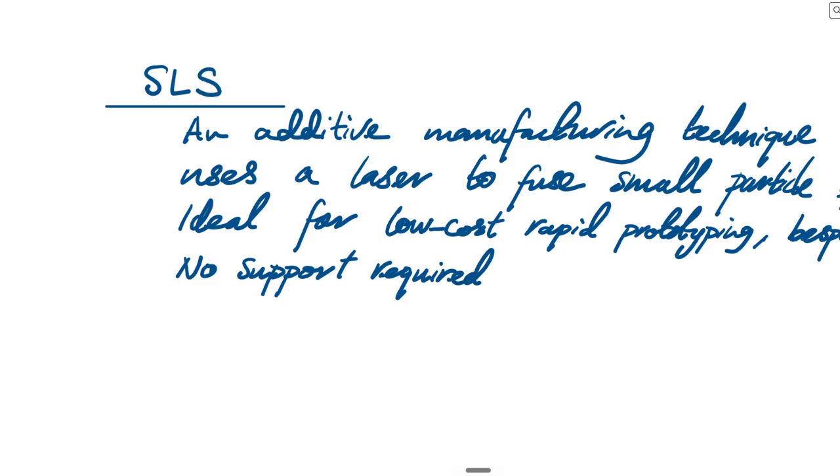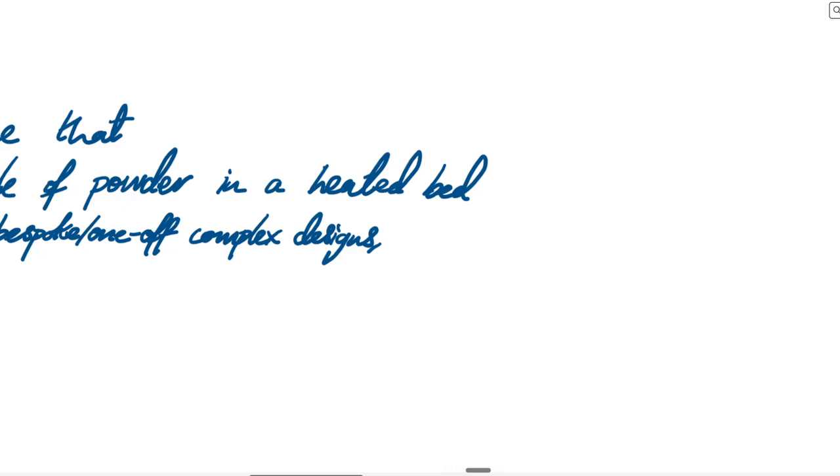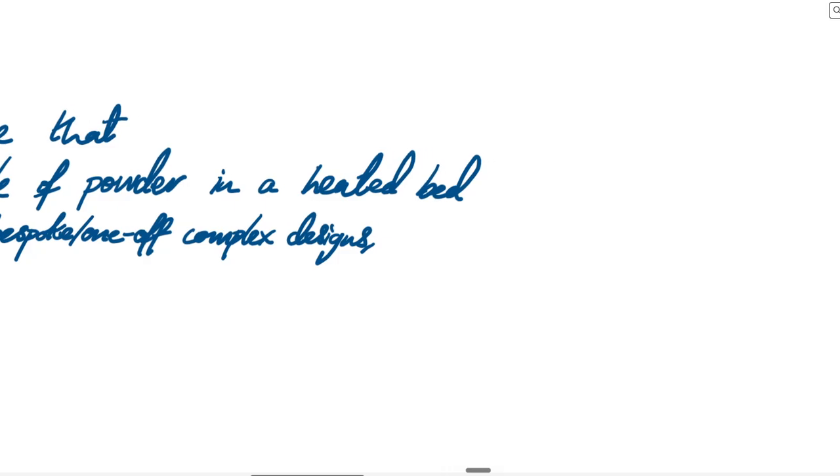Now, FDM, which is our traditional 3D printing, needs supports, right? If something is sort of elevated in the air, or we have what we call overhangs, right? So we have a product like, let's say this is our product. So you have something like this, right?